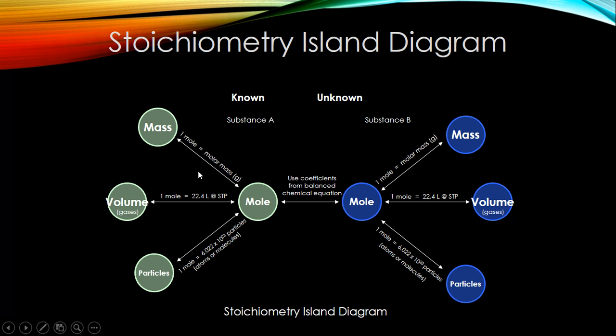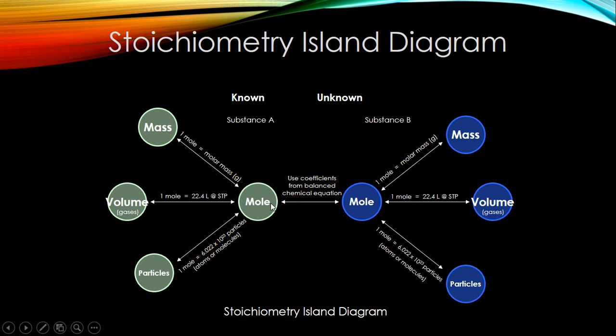In order to go from mass to mole or mole to mass, I use 1 mole equals the molar mass, or grams per mole. If I'm going from volume to mole, you're using standard temperature and pressure: 1 mole is equal to 22.4 liters of a gas. If I'm going to particles, this is where I use Avogadro's number, so 1 mole is equal to 6.022 times 10 to the 23rd particles.